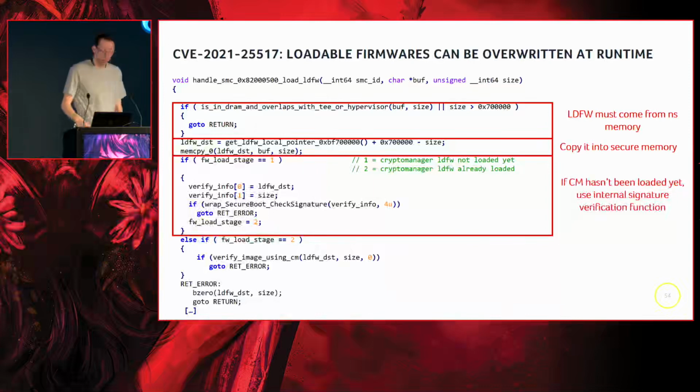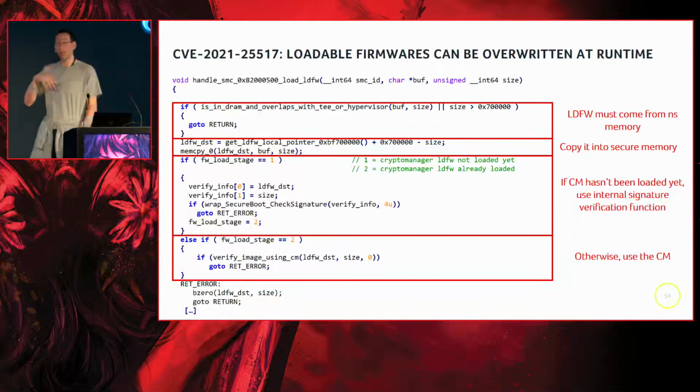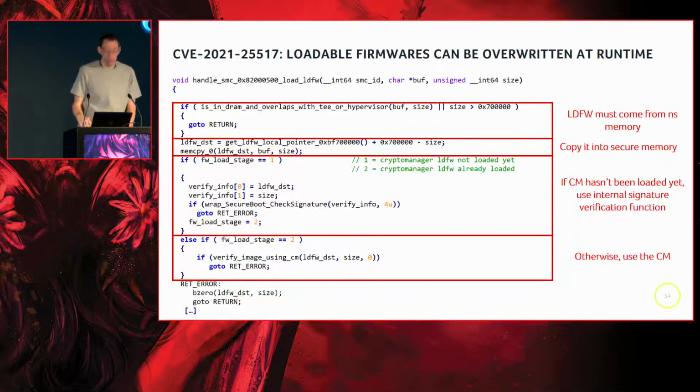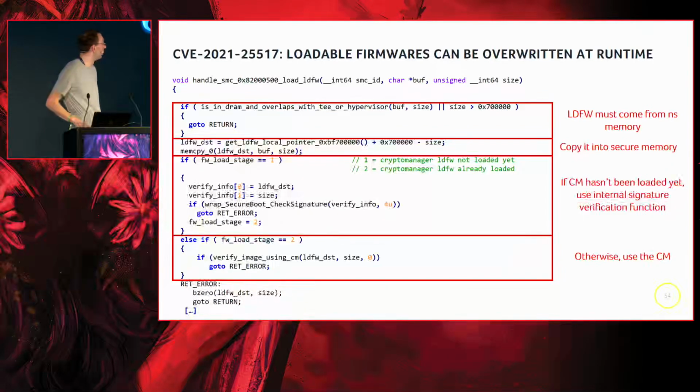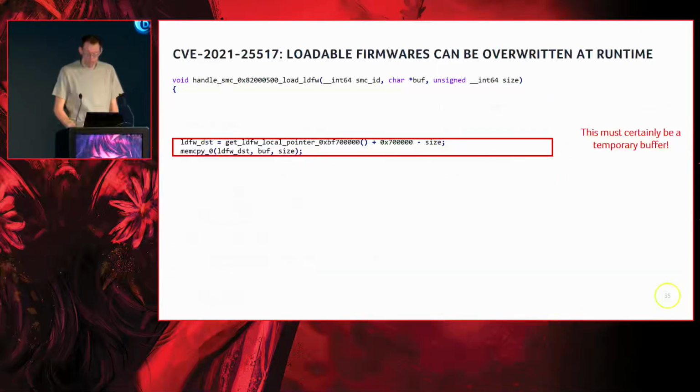And then it will do a signature verification, either directly in BL31 itself, or if you have already loaded your loadable firmware before, you can actually load it again, and then you will verify the signature using the crypto manager. And if something fails, you will erase the secure memory.